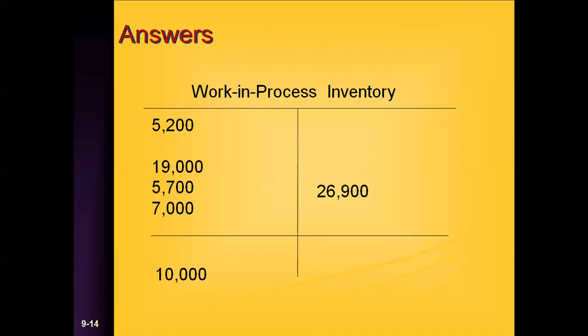They also applied 7,000 in terms of manufacturing overhead, and they actually then transferred out 26,900 to the finished goods inventory account. That left approximately 10,000 in the work in process inventory.